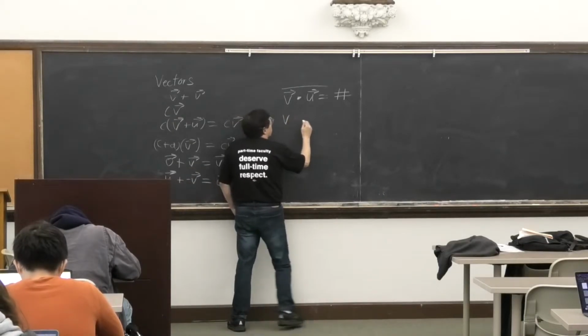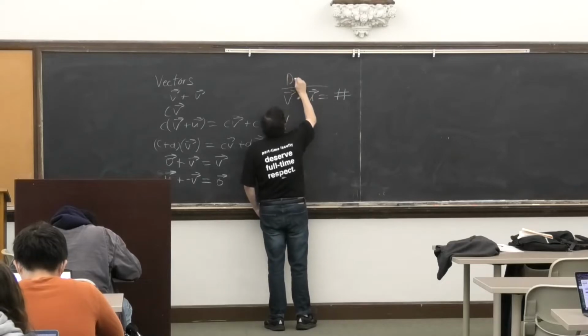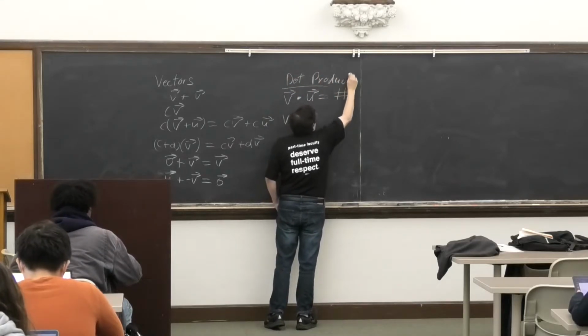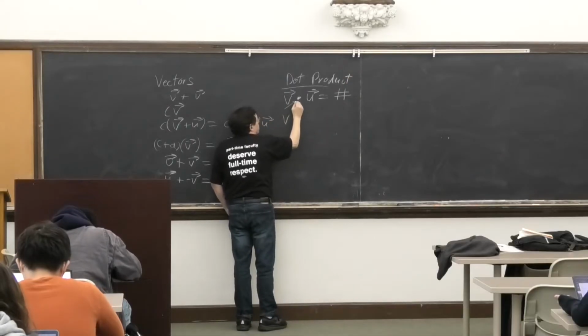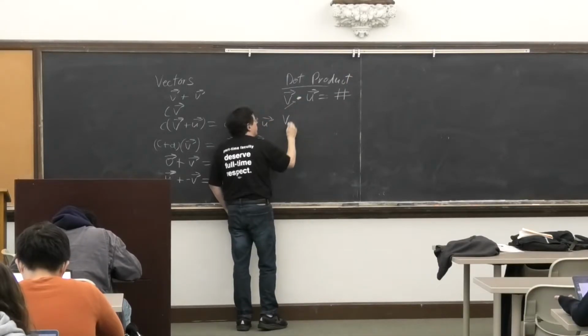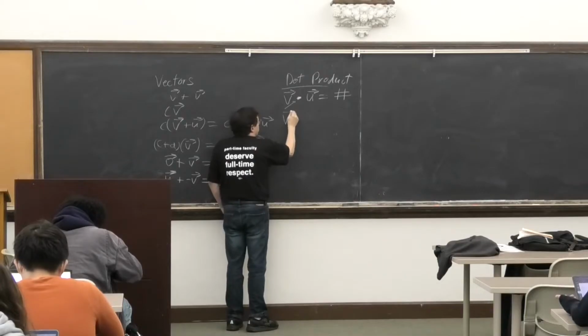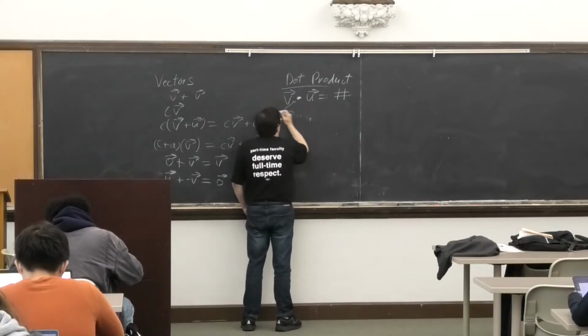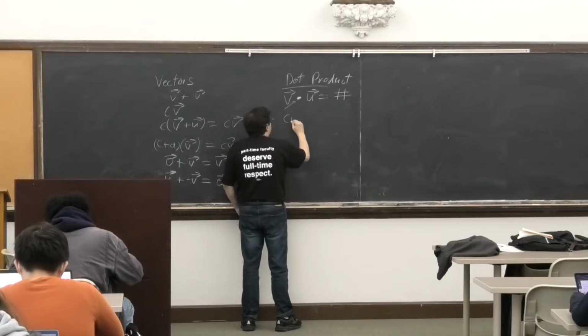This is called the dot product, and we usually signify it with a nice circular dot. The other method is called the cross product.